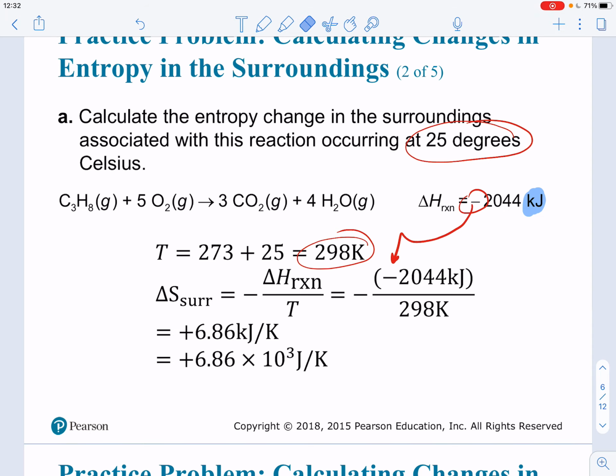This is 686 kilojoules per Kelvin. But as you're gonna see later on, the changes in entropy are usually referred to as joules per Kelvin. Okay, so as I said, it's a simple calculation. It's the enthalpy of the reaction divided by the temperature.